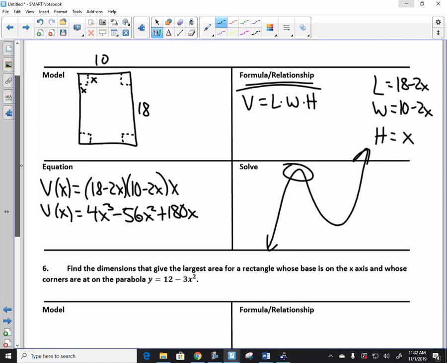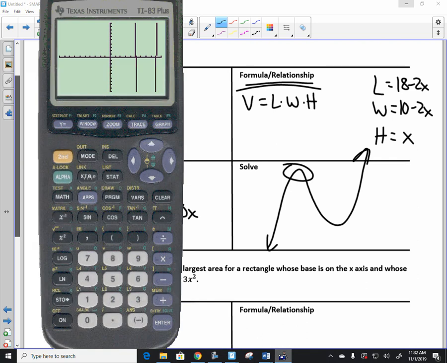Think about it. What's the biggest x value you could have here? What's the most you could cut off? 9, right? What's the most you could cut off here? 5. So if x at most could be 5 or 9, is it okay that I have my x window at 10? Yeah, I could see everything I need to see.